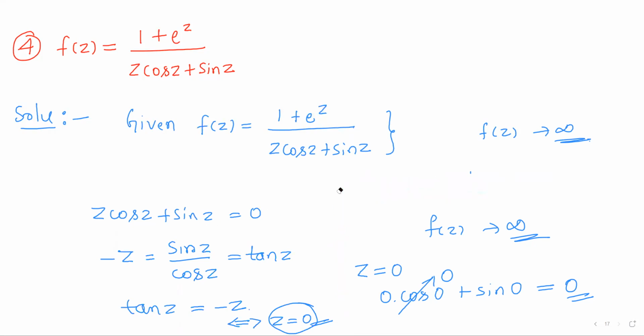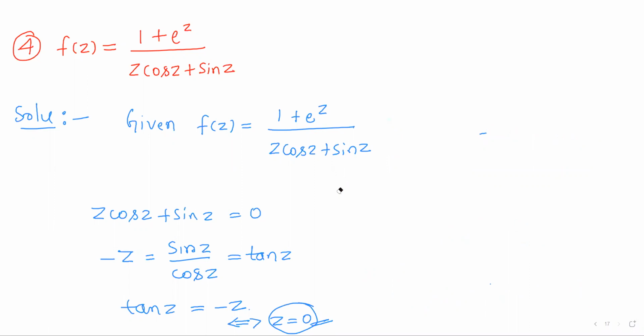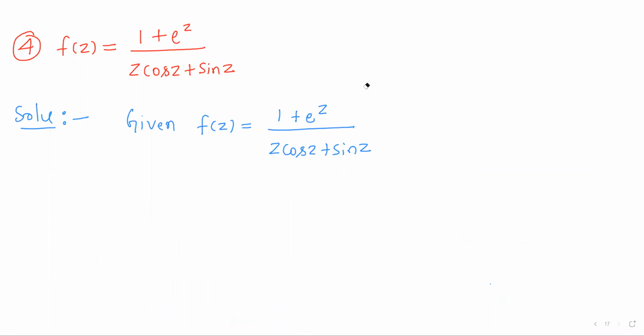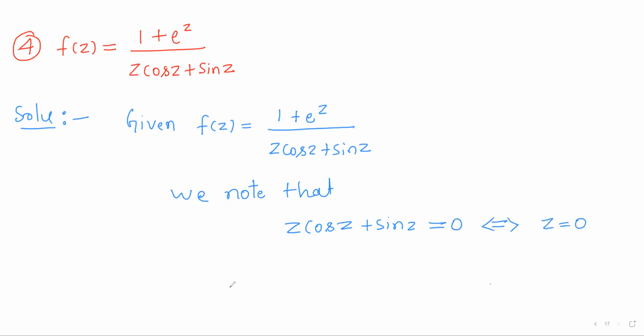So first we shall note that the denominator function z into cos z plus sin z is 0 if and only if z is equal to 0.